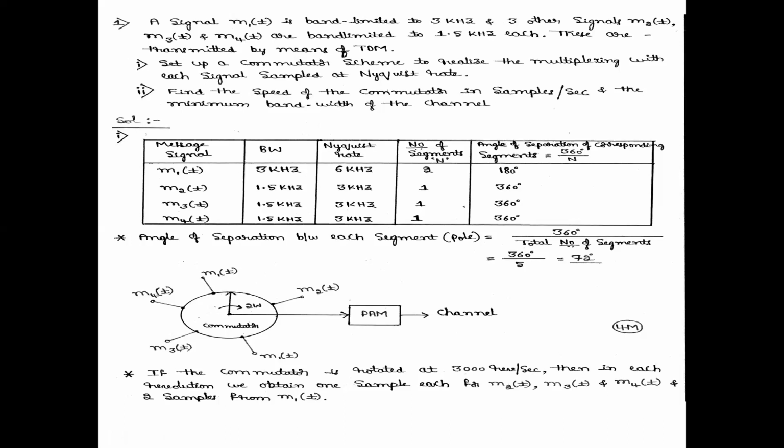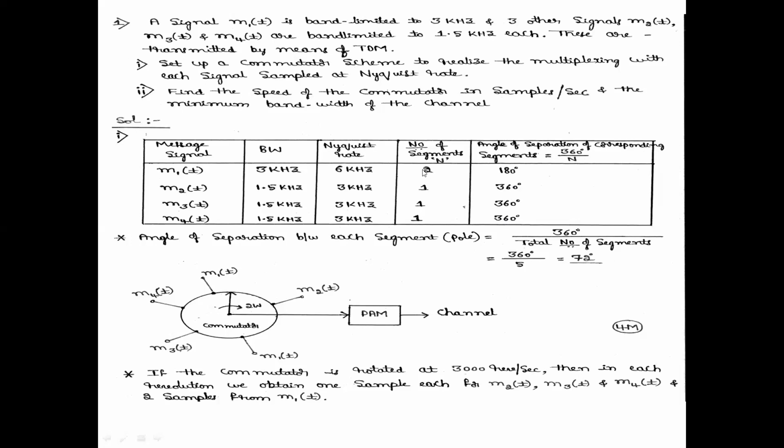The commutator selects the signal from M2(t), M3(t), and M4(t) only once in a total rotation. You have to understand that the angle of separation of the corresponding segments is 360 by n. Here it is 360 by 2, and 360 by 1, 360 by 1, 360 by 1.